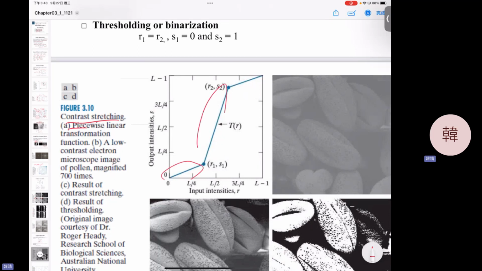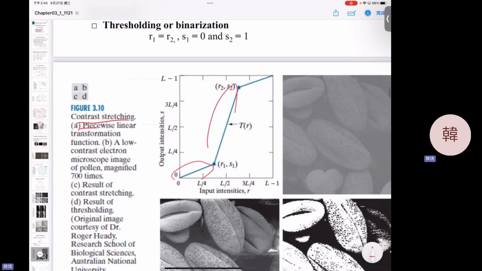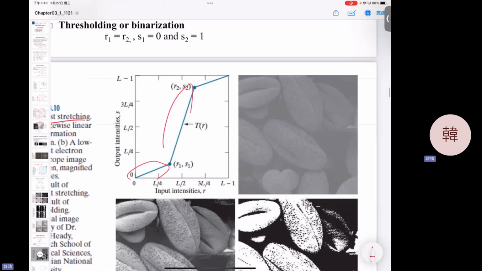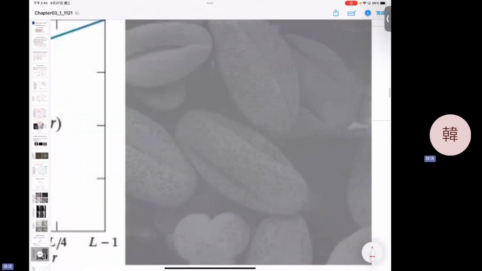So the B image is a low contrast electron microscope image of pollen. Okay, it's pollen. You take this image in your hand and you know there must be some detail in there. However, I only get this very blurry image, a certain gray level.